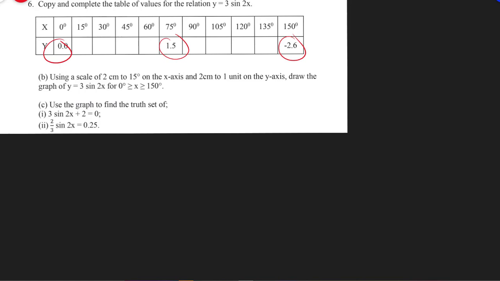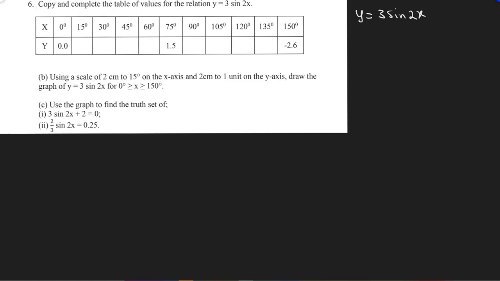Now we're going to use this equation to solve for these ones. Whenever you see x, at first we're going to put 15 degrees here, 30 degrees, and so on and so forth. So the equation has been given as y is equal to 3 sine 2x.